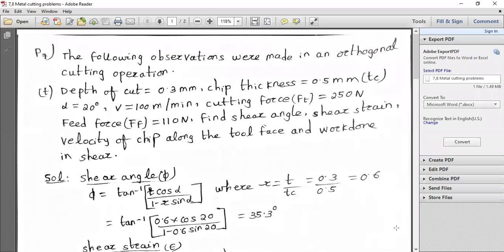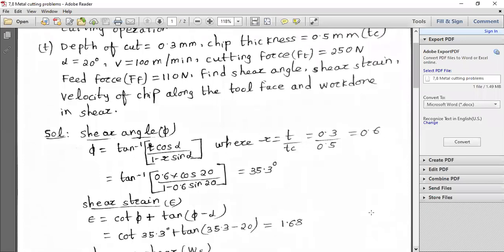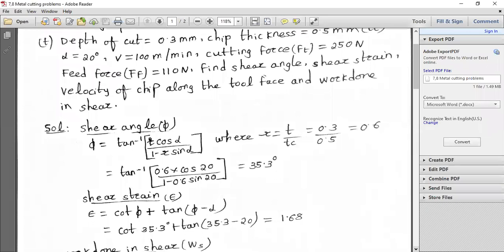The shear strain formula is given as cot phi plus tan of phi minus alpha. Because you have already found out the shear angle in an earlier step, you don't have to worry about it. You directly substitute the values in that particular equation. So that is the shear strain, cot phi plus tan of phi minus alpha.